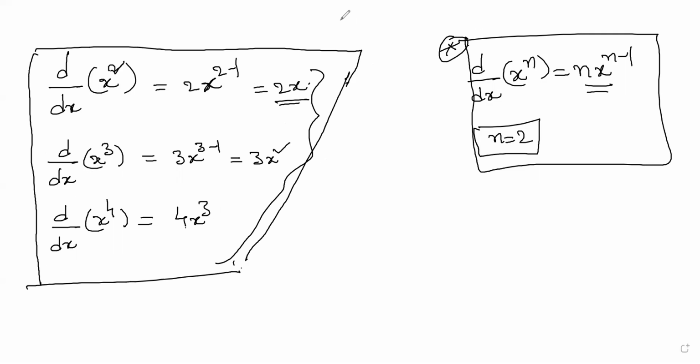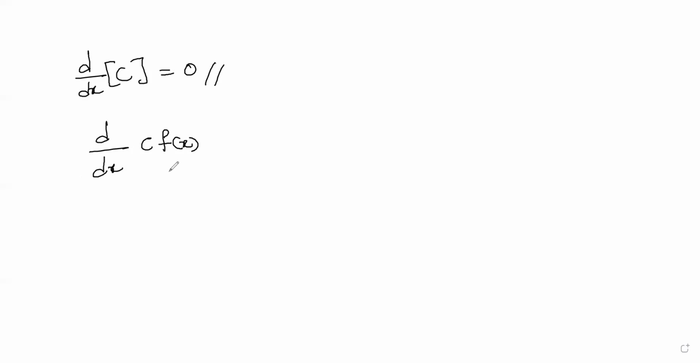Now, another one we have to remember: d by dx of any constant is 0. Next, d by dx of any constant times a function is the constant times the derivative of the function. The constant will come out of the derivative.